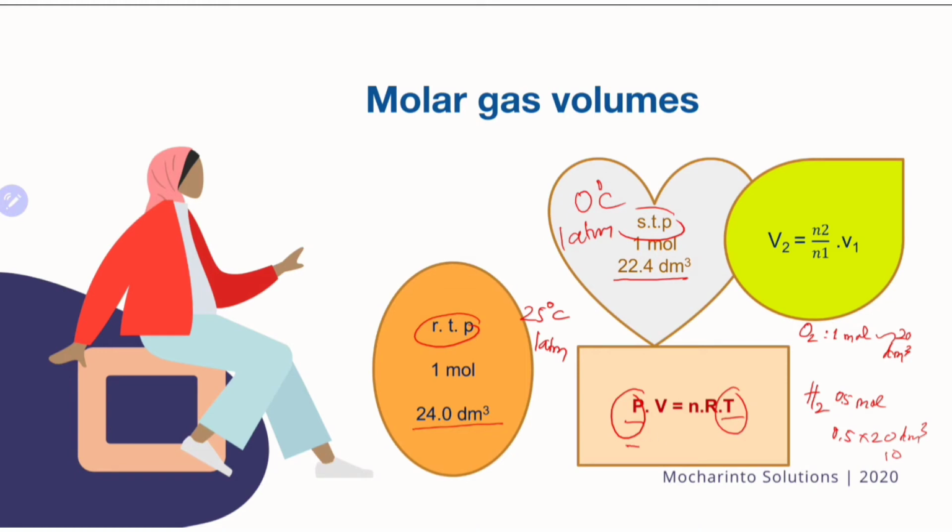So we use the ideal gas law, PV equals nRT. R is the constant of ideal gas, 0.082. And n is the number of mole.